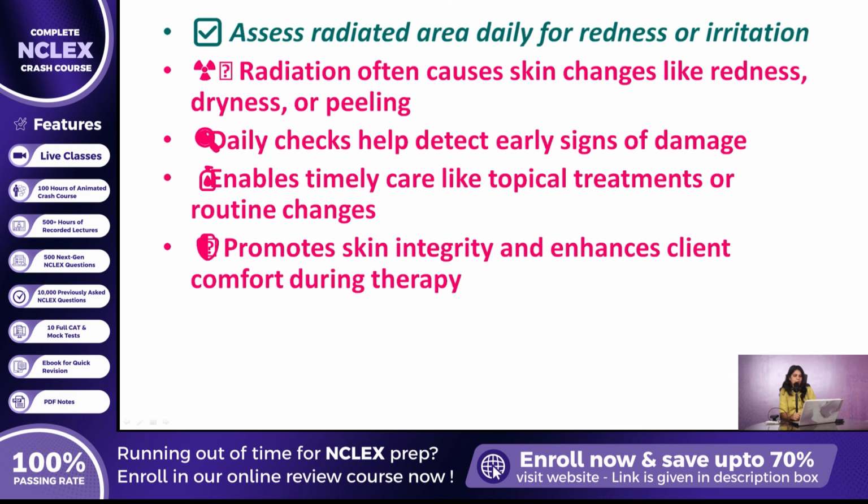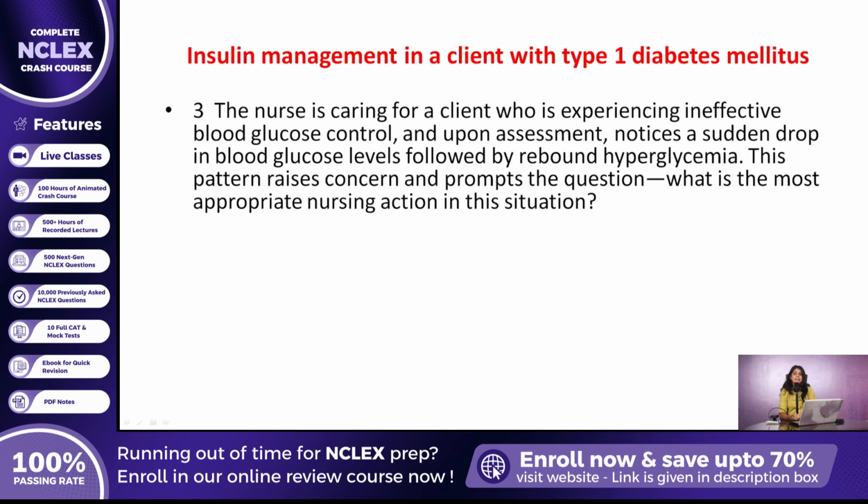Let us now move on to an important clinical judgment scenario involving insulin management in a client with type 1 diabetes mellitus. Let's see question number 3. The nurse is caring for a client who is experiencing ineffective blood glucose control and upon assessment notices a sudden drop in blood glucose levels followed by rebound hyperglycemia.